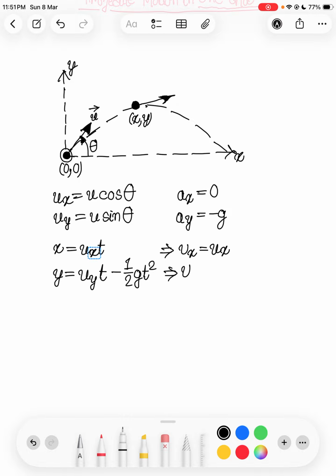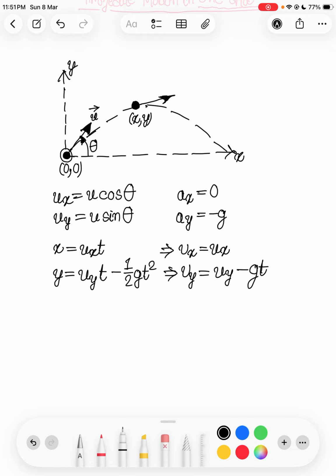And vy will be nothing but your uy minus gt. These are just the derivatives; I hope you know that vx equals dx/dt and vy equals dy/dt.